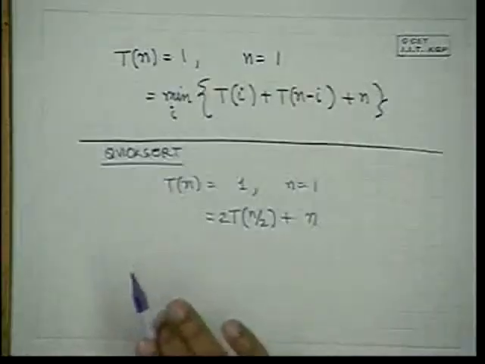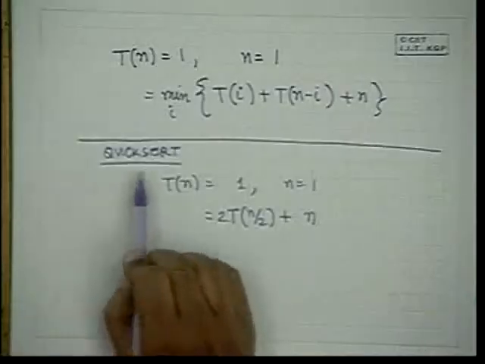So you have to find the median in linear time. If you could find the median of n elements in linear time, then you would choose the median and do quick sort based on that median. Then you would have got worst case order n log n time. But then how will you find the median in linear time?